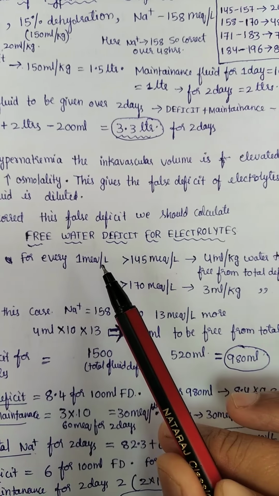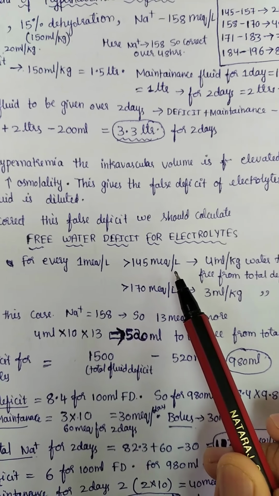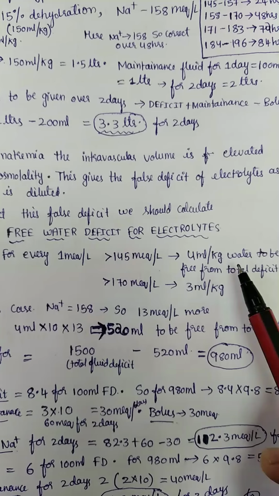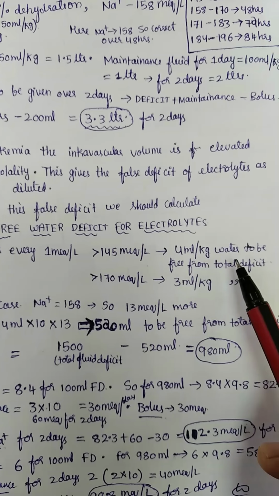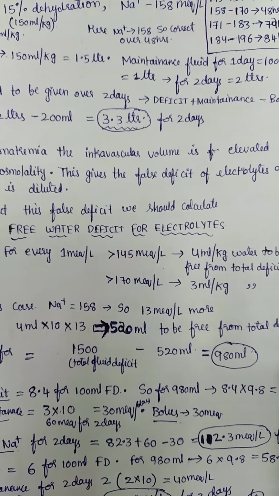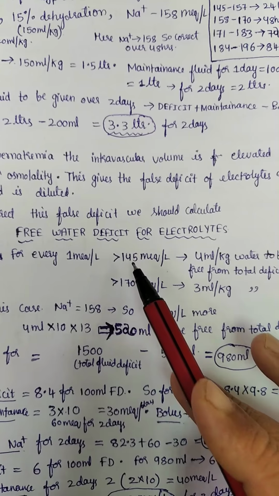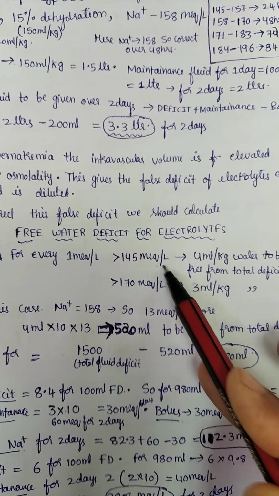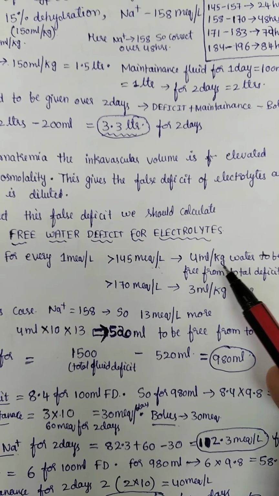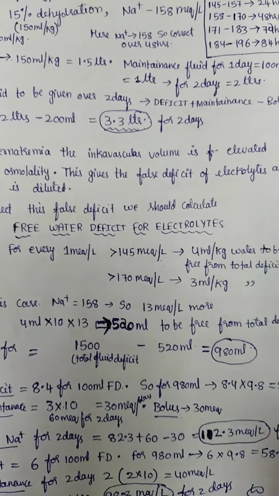For every 1 milliequivalent per liter more than 145, 4 ml per kg of water should be subtracted from the total deficit.